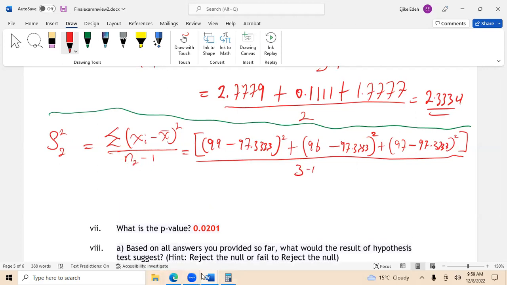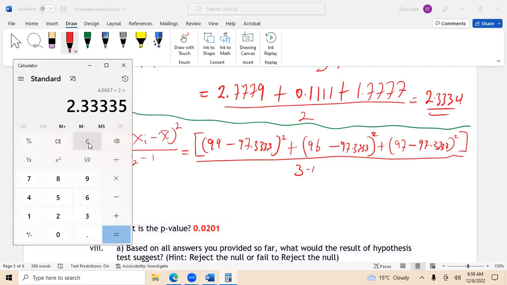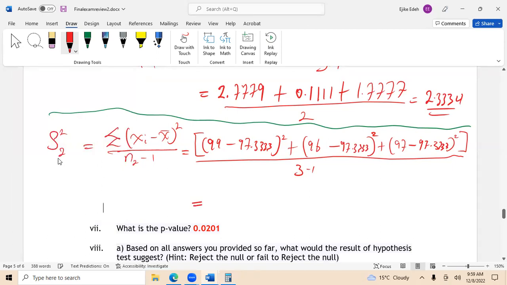So again, let's use the calculator very quickly. We have 99 minus 97.3333. And we have this value and we square it. So here we have something similar to the other time: 2.7779 also exactly. Okay, as a coincidence. So we have 2.7779 plus, let's do the second one.